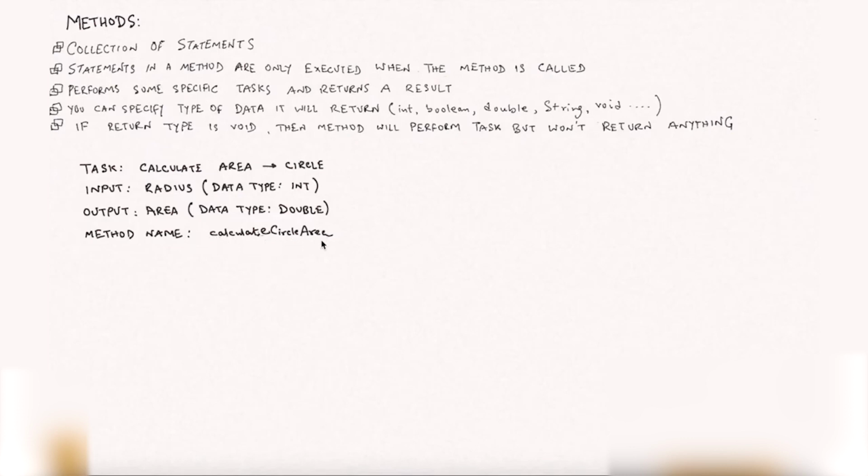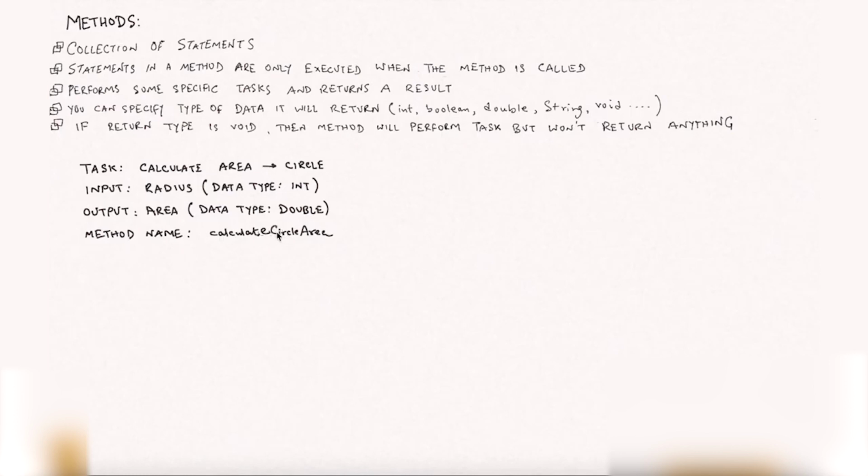Now, this is one word, but you have three different words joined together, right? Calculate, circle, and area, but there are no spaces in between. Whenever we name a method, we don't have any spaces in between. But to make it easier for people to understand the name of the method, we separate out the different words by making sure that the first letter is capital.